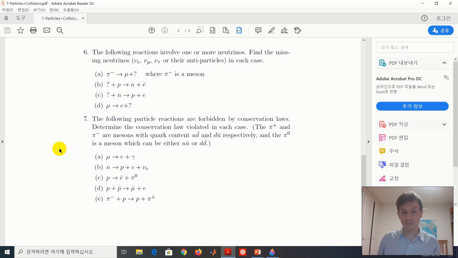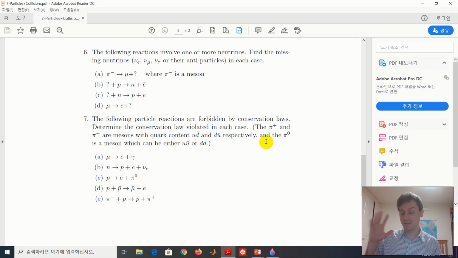And also in this question, you'll see that some of these interactions involve these pi particles, and I tell you what quarks they are. So pi plus is up anti-down, pi minus is down anti-up, and the pi 0 is either up anti-up or down anti-down. And in an exam also I would tell you this.